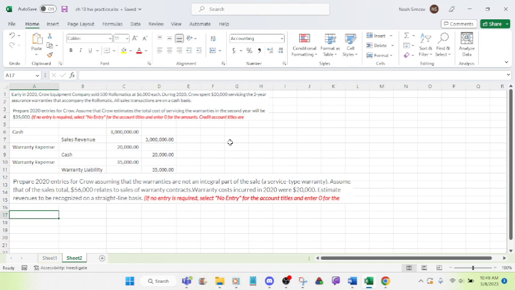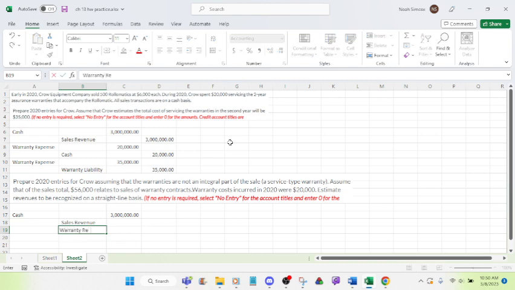Or do you do cash of 3 million, and then instead of sales revenue, you do sales revenue and then warranty liability, or no, warranty revenue. Warranty revenue is there.